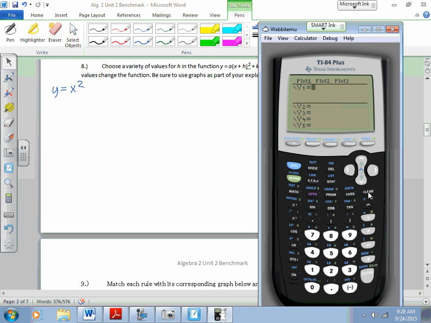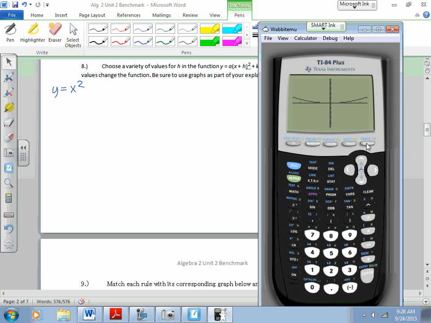Do that. Y equals x squared. My graph looks a little funny, and that's because my window has different increments on the x and different increments on the y.